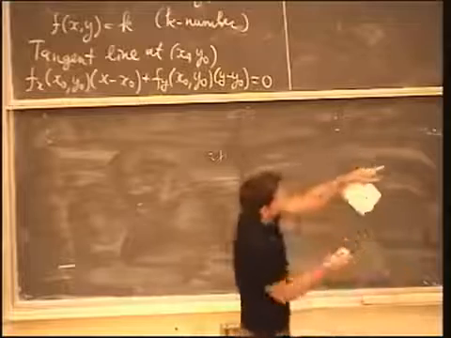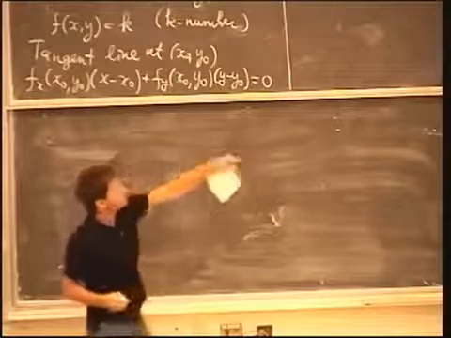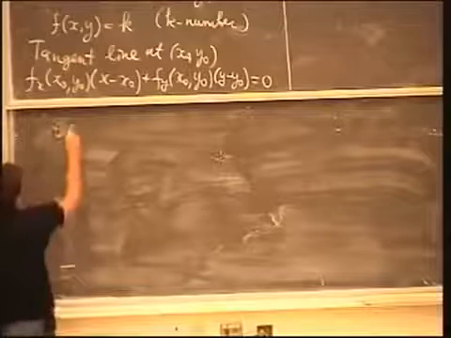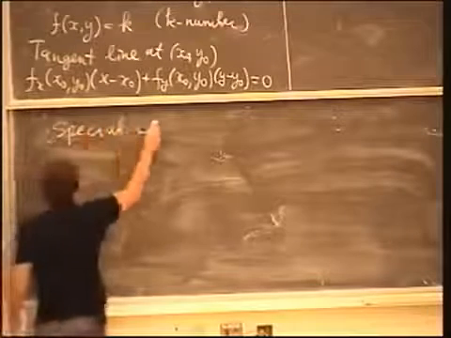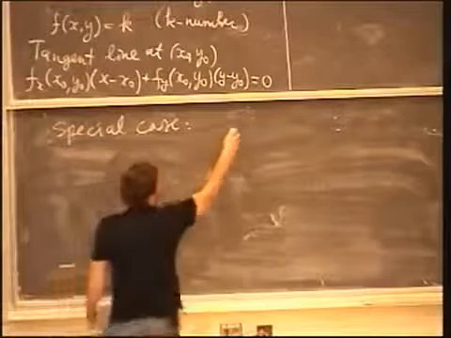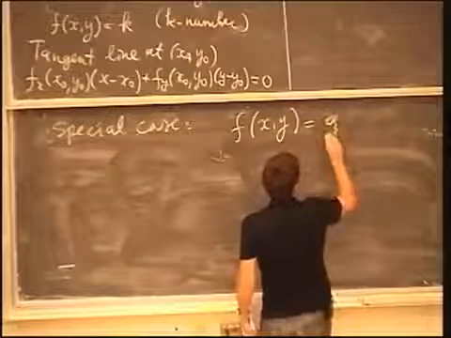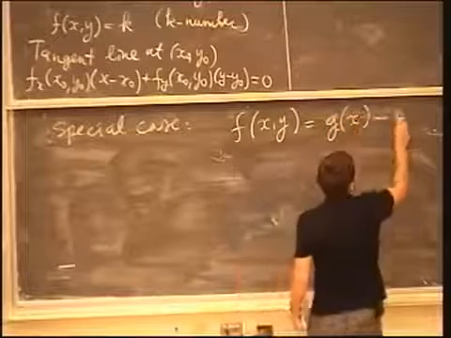I want to find a special case of this, which is analogous to how we found the special case of 3 variables. And that's the case when now our function in 2 variables is equal to another function in 1 variable minus y.